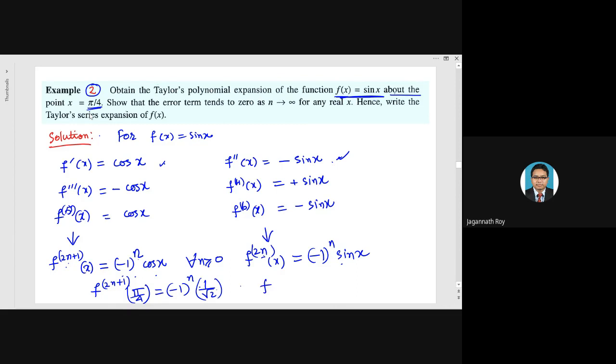Similarly, for here also we will get minus 1 whole to the power n, 1 by root 2.